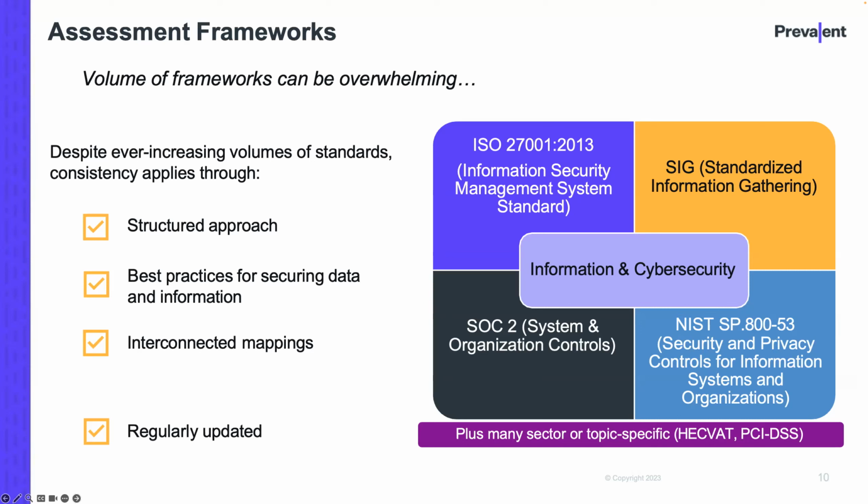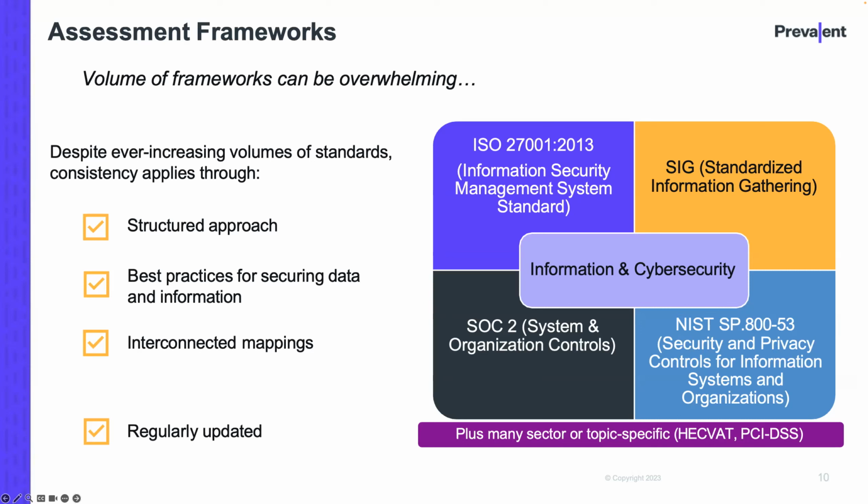And all of these standards and frameworks identify the same type of controls. Some of the nuances, of course, are in the terminology, but there is this structured approach that we can see, and consistency in the type of best practices for securing that data and information.